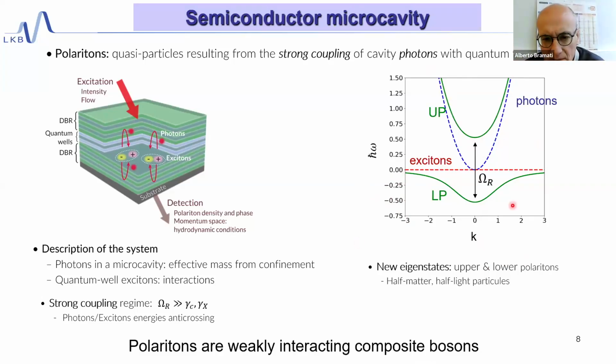The important point to retain here is that we have quasi-particles, half light, half photons, and from this photonic part they acquire a very light mass, and half exciton, and from the excitonic part they can interact non-linearly with each other. So they exhibit strong nonlinear interaction. All in all, because the polaritons also have a spin, they can be described as weakly interacting composite bosons.